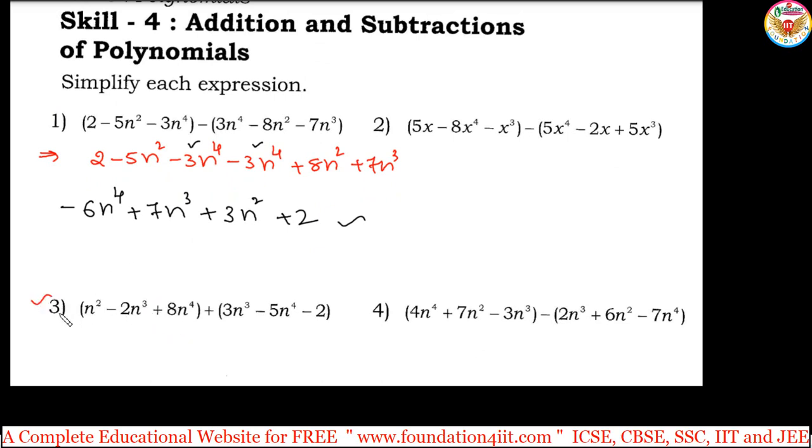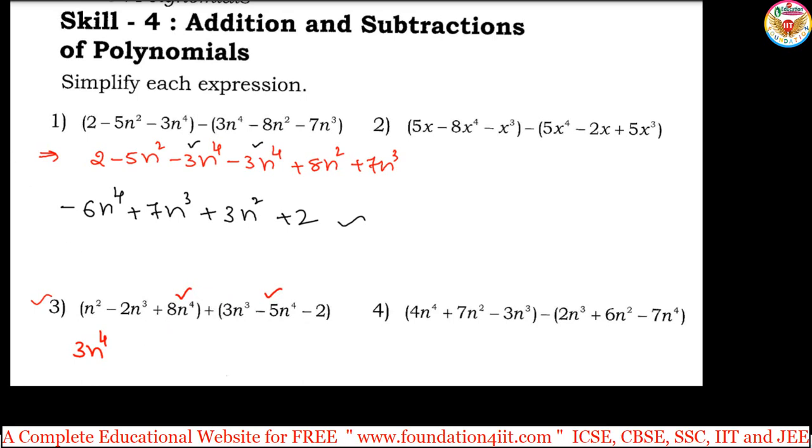For example, check the third problem. n square, n power 4, n cube. n to the power 4 is here and here: plus 8n power 4 minus 5n power 4. 8 minus 5 is 3, so 3n to the power 4.